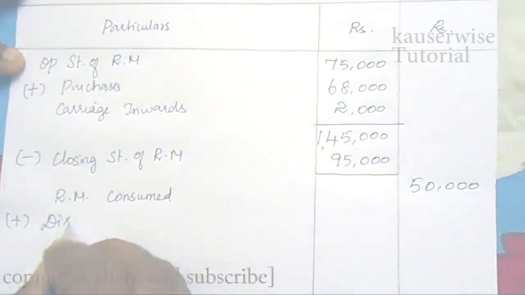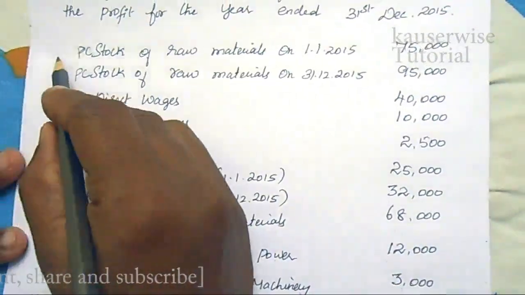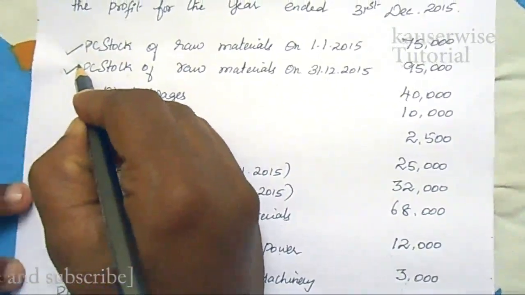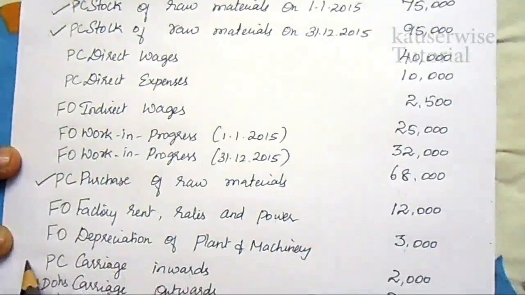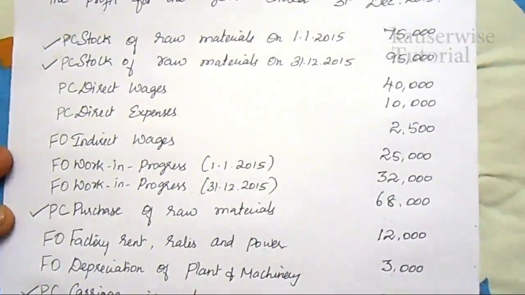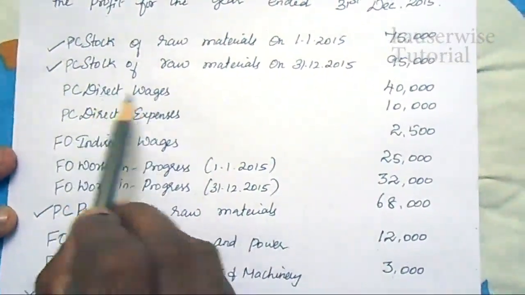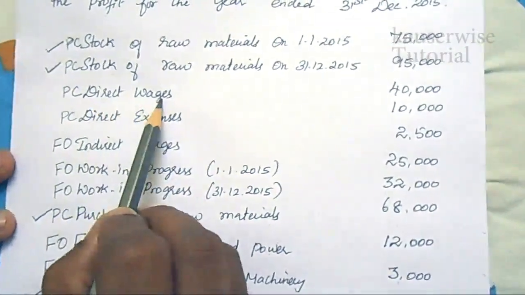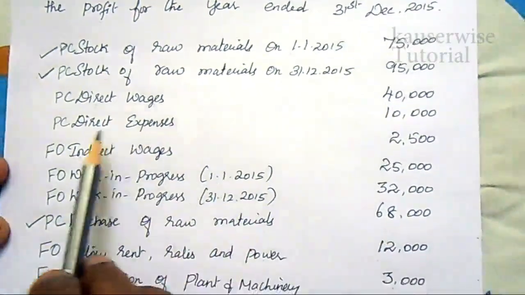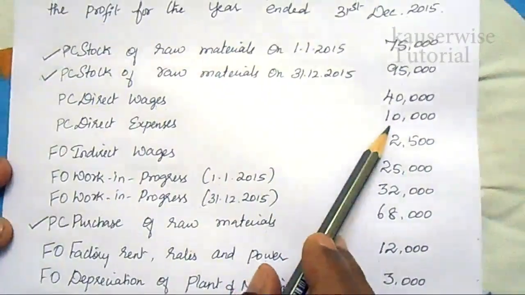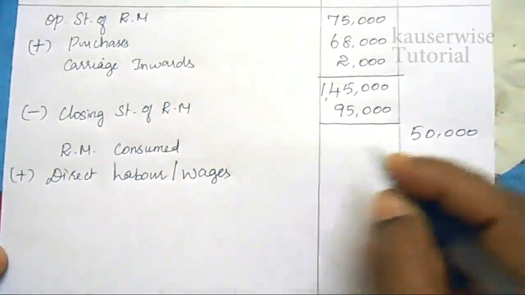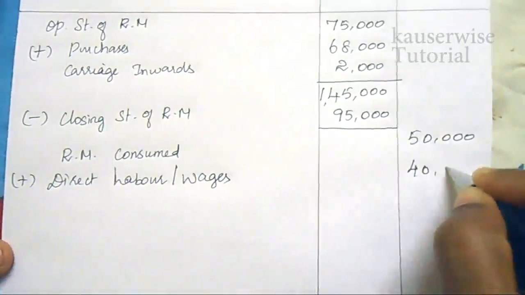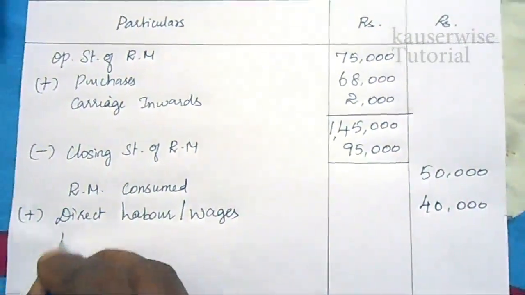Then add direct labor. Look at the problem. We have entered opening stock and closing stock of raw material, and we have entered purchase of raw material and carriage inwards. Now we need to enter direct wages. Direct wages is nothing but direct labor. How much? 40,000. And next one is direct expenses 10,000. Direct labor or direct wages, both are same only.